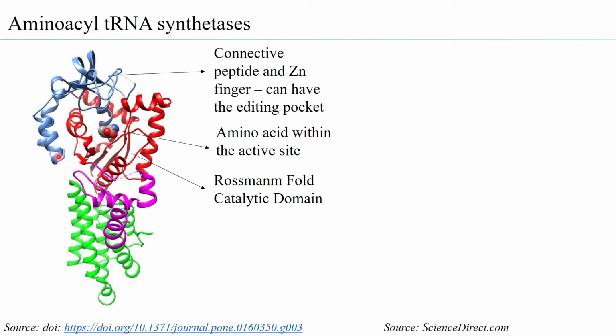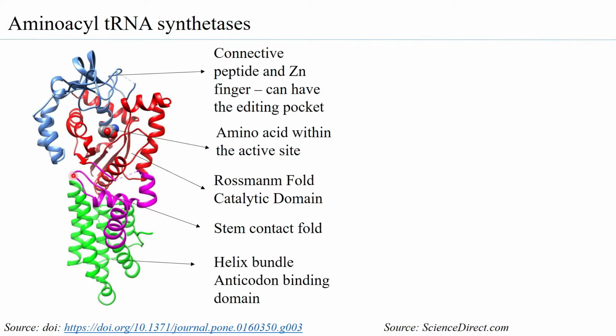Then you have what is in blue, called a connective peptide. The connective peptide also has zinc fingers, and these zinc fingers enable this region to attach to the tRNA. Now you also have in magenta another domain, which is called a stem contact fold.